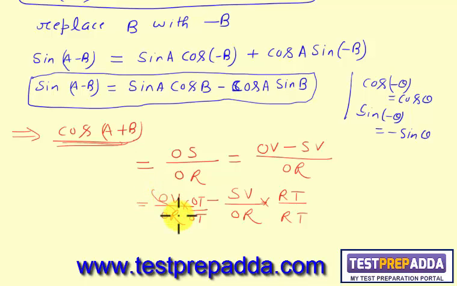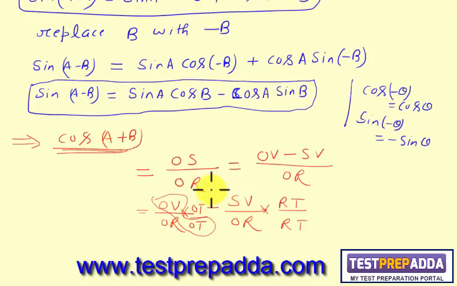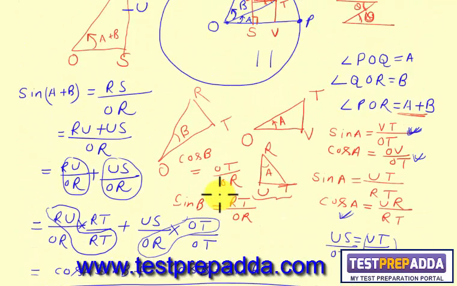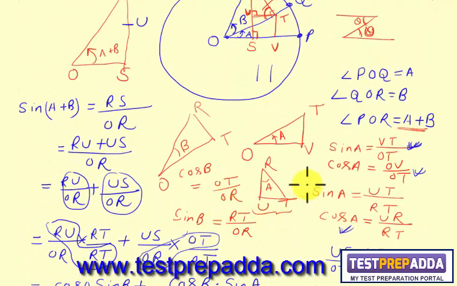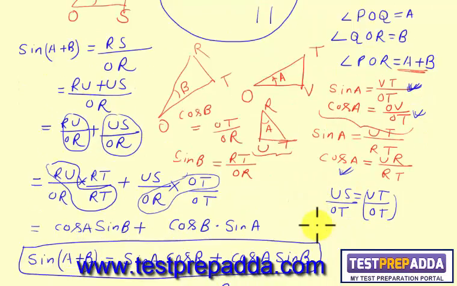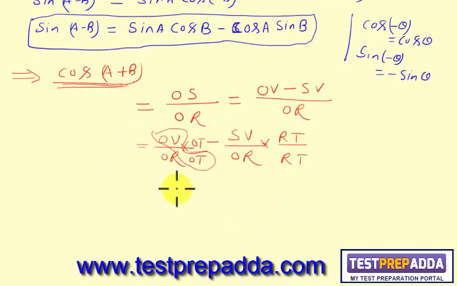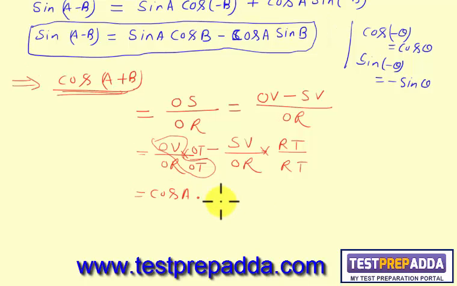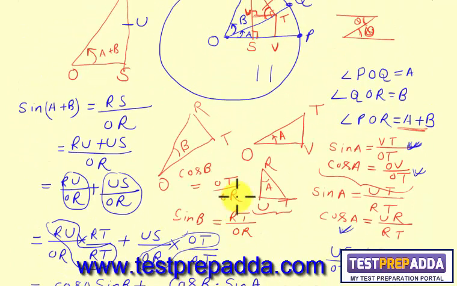Just check what is OV upon OT. OV upon OT is cos A. So there I will write cos A. And now OT upon OR.